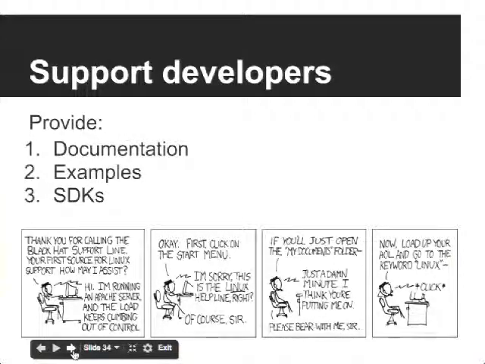So that's the idea behind services documentation. We want to support developers by giving them documentation so they know what's going on in your API, giving them examples of how you can take that data and turn it into a widget or a mobile app or something like that, and also provide them with SDKs, which are great. So like a PHP or a JavaScript SDK that helps accelerate their development with your API.